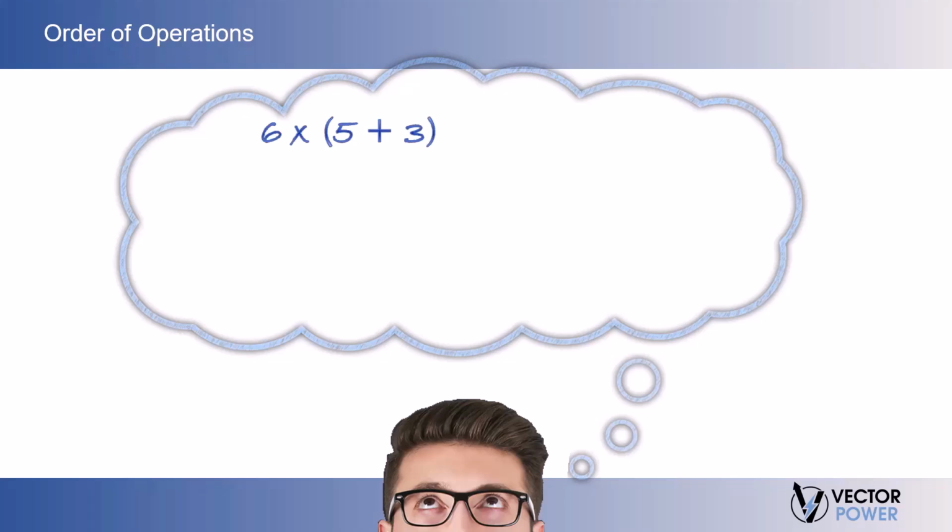Do things in brackets first. So, that would become 6 times 8, which would equal 48. And obviously, the correct answer.